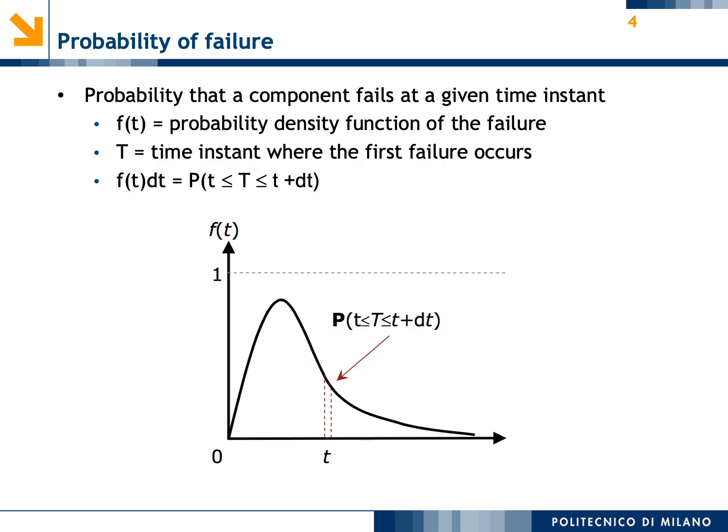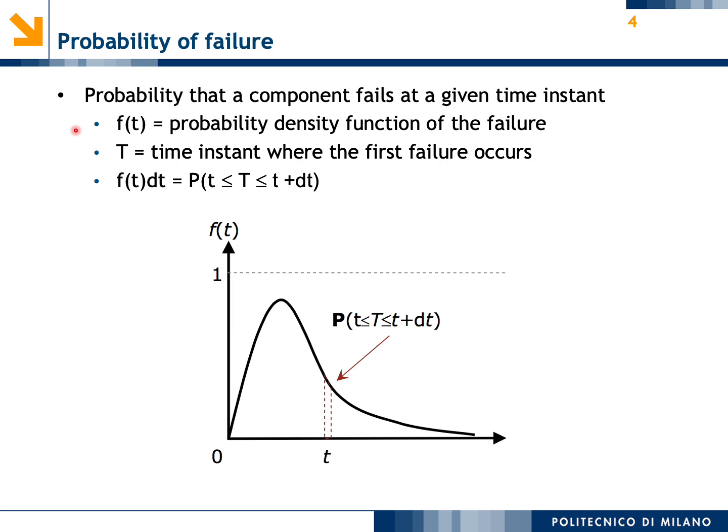To derive the probability of a failure in a system, we have to define the probability density function of that failure, f(t). Given a certain item, the time T, capital T, to the first failure can be described as a non-negative random variable that goes from 0 to plus infinity. The probability density function is not the probability that the failure happens in a certain moment, but it represents its density.